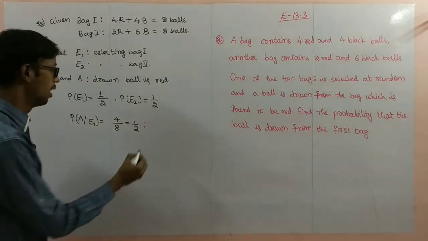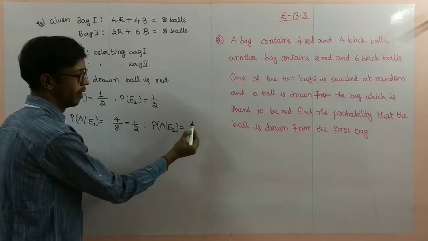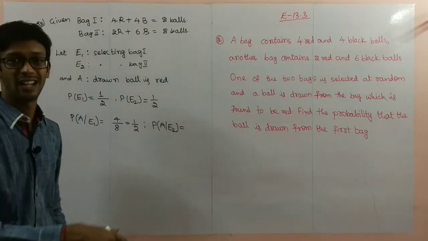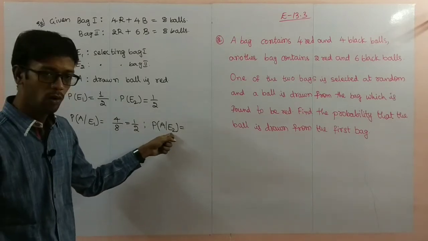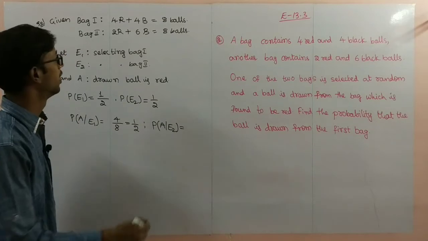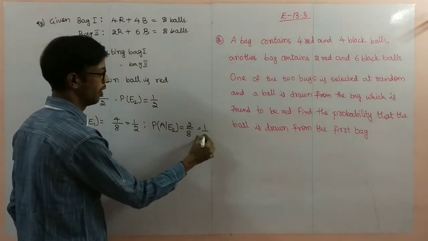Next one. Probability of A given E2: from bag 2 red ball selection probability. This means from bag 2 red ball selection is 2 by 8. That is 1 by 4.